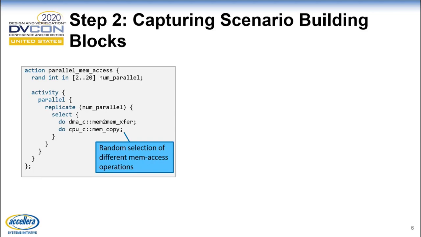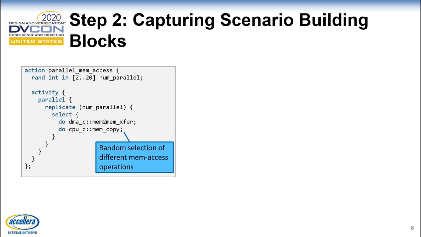I could have a whole bunch of other memory-to-memory data processing operations. And I'm going to just randomly select between them because maybe they're symmetric from the point of view of memory access. Okay? So now I have this nice little parallel memory access activity where there's any number of either memcopy or DMA transfers executing in parallel. So it's kind of a memory fabric building block.